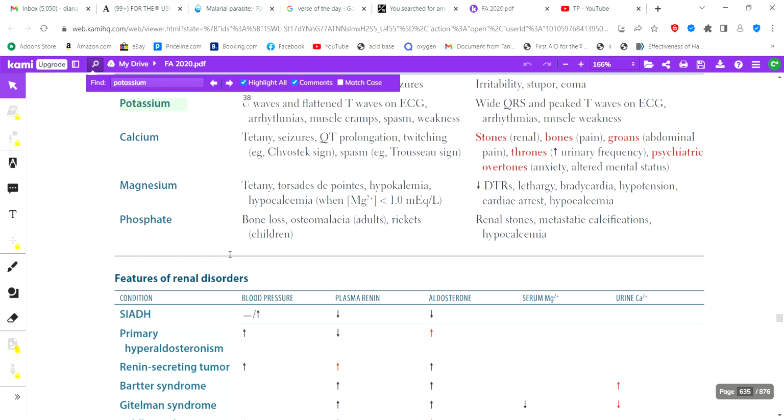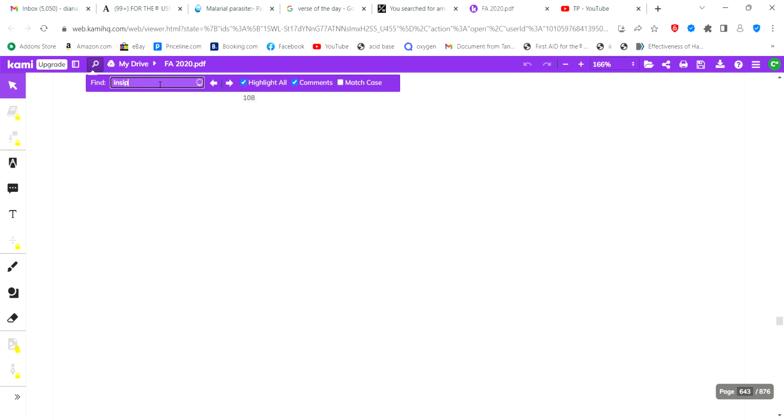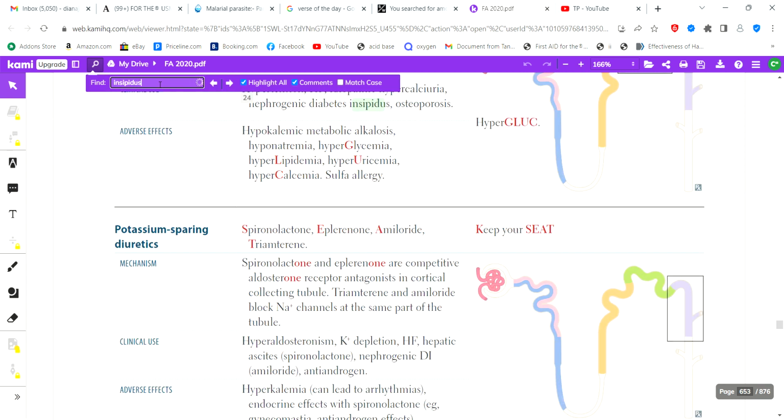What is nephrogenic diabetes insipidus? It's when your urine is dilute because desmopressin cannot work on the V2 receptors.